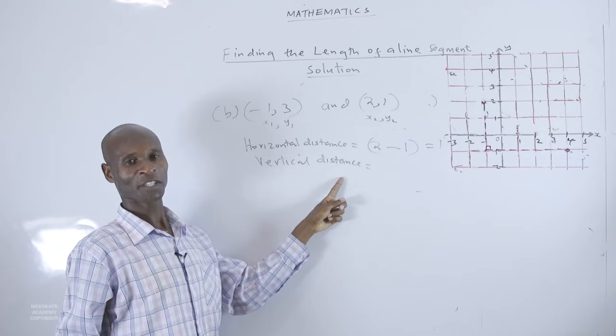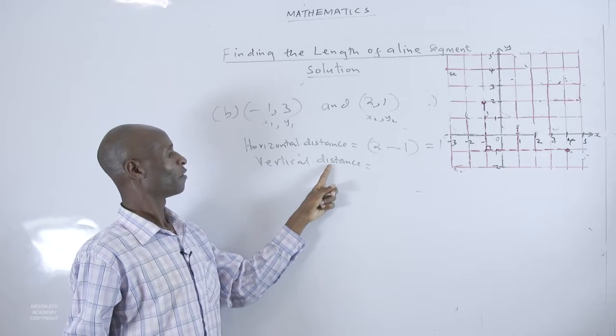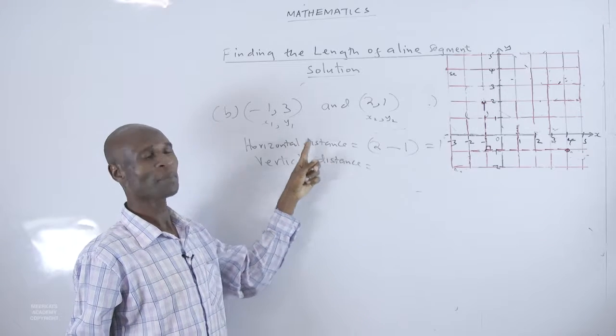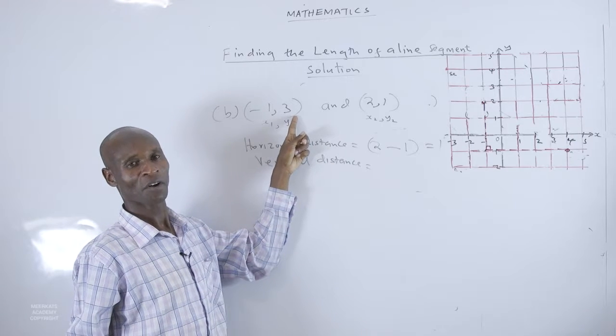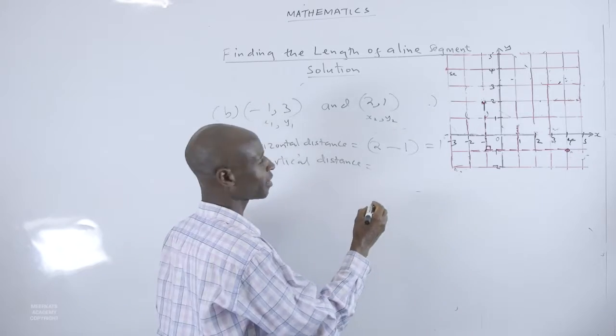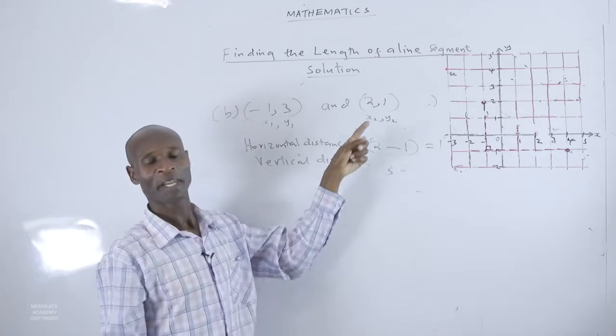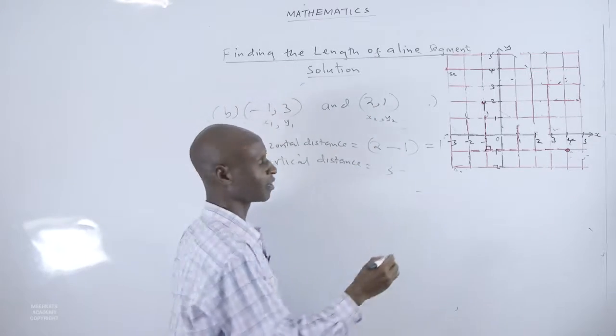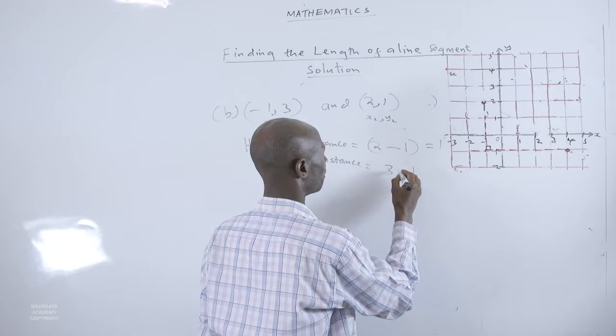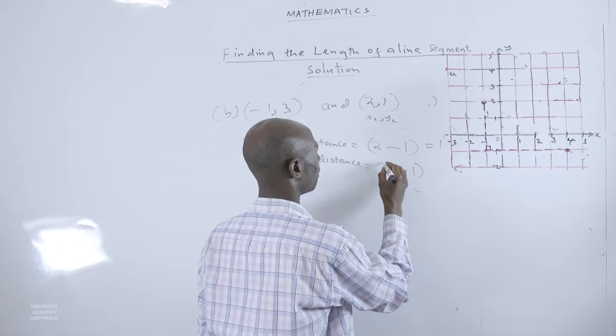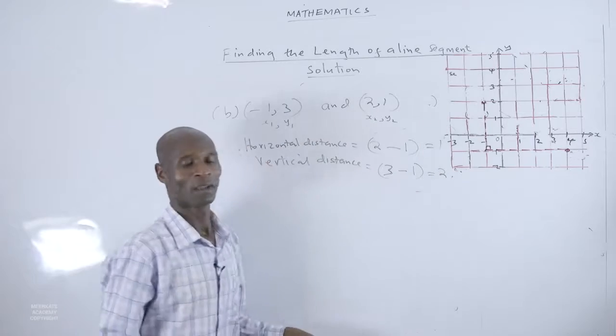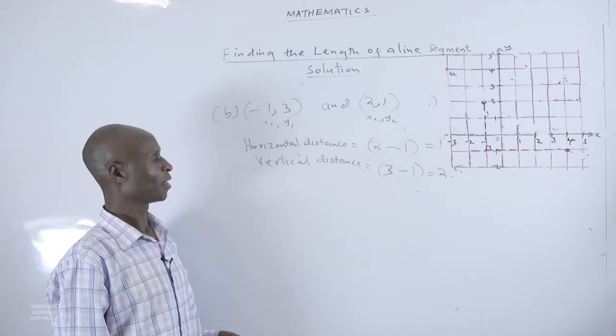So our vertical distance will be obtained by taking the upper value of y, which is 3, minus the lower value of y, which is 1. And the result is 2.